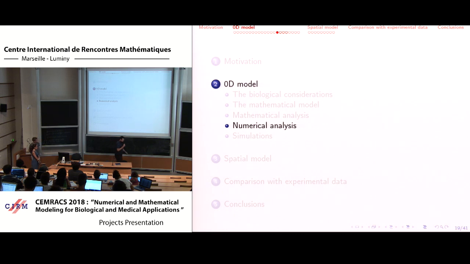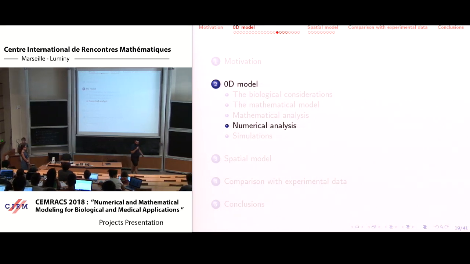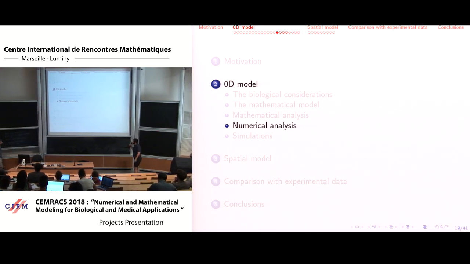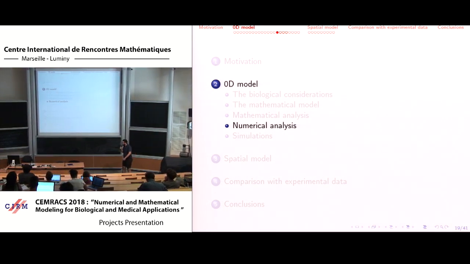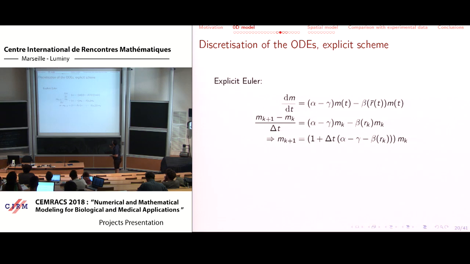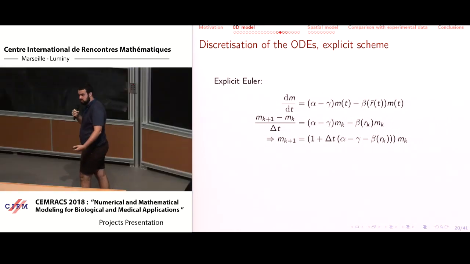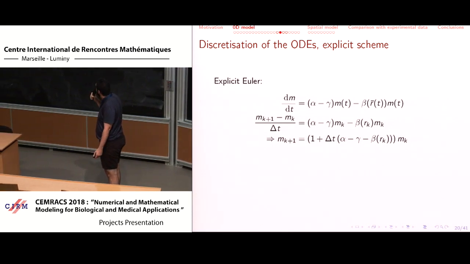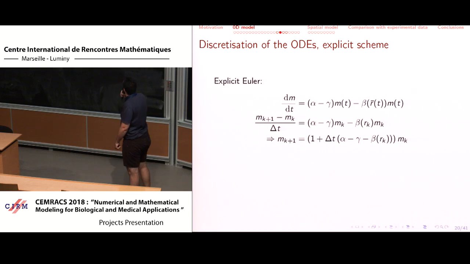So once we have theoretical results, we move to numerical analysis. In our simulations, we used the simplest explicit Euler scheme that you could think about.